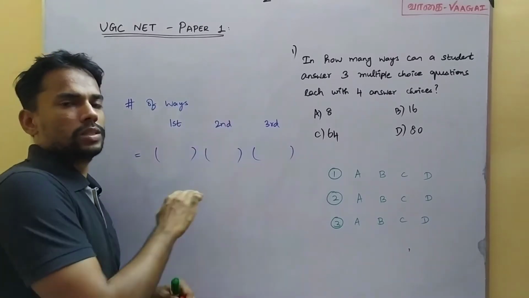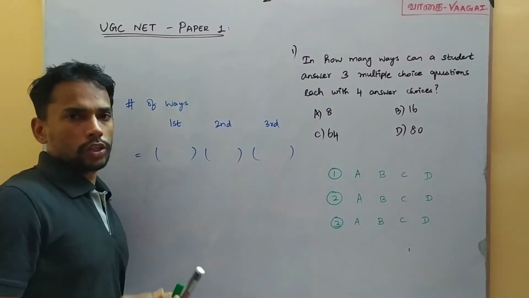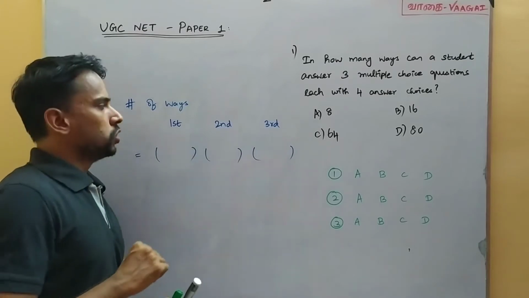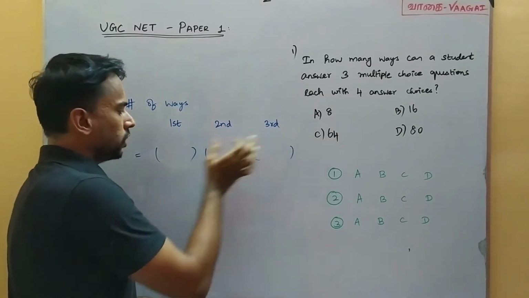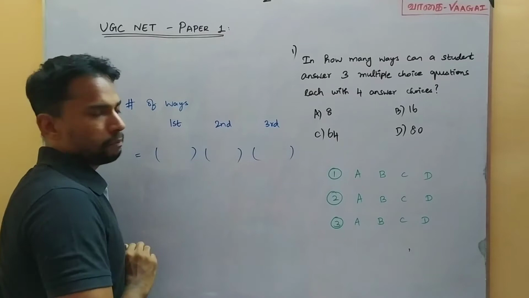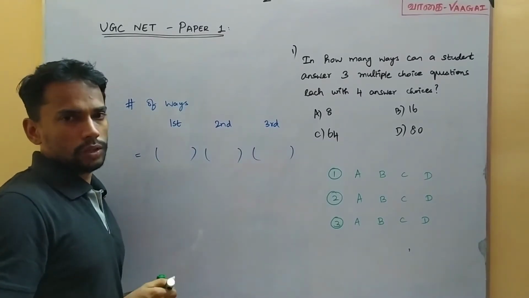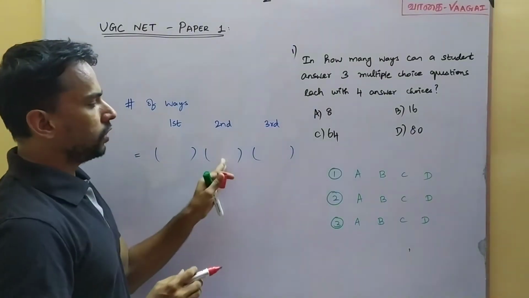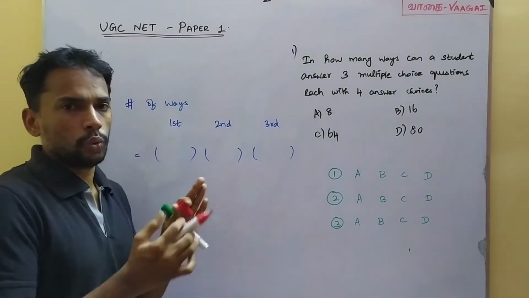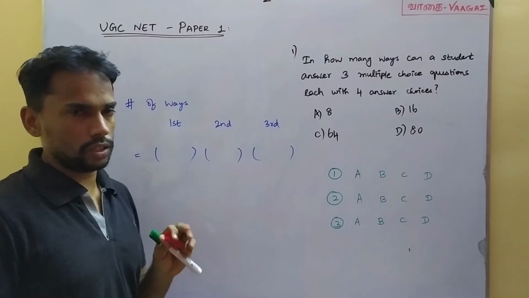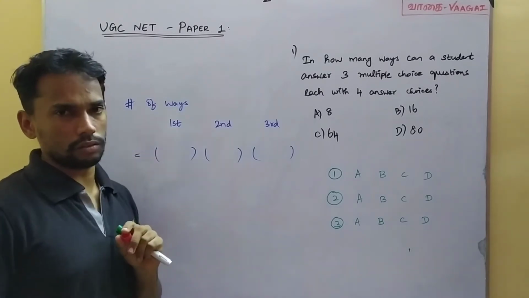Number of ways will be simply equal to, see, the student is going to take only 3 questions, right? So individually, we will make slots for each of these questions: first question, second question and third question. All we need to do is fill in individually how many ways the student can attend these questions. For example, come to the first question.